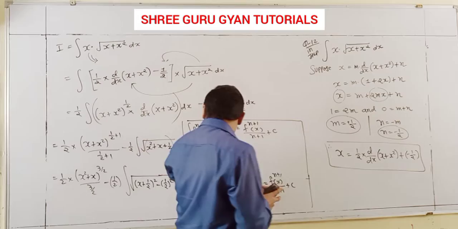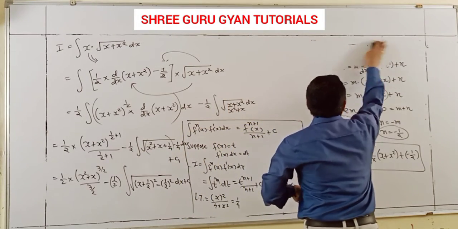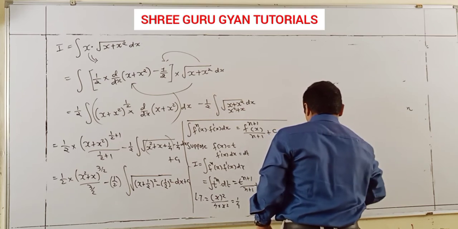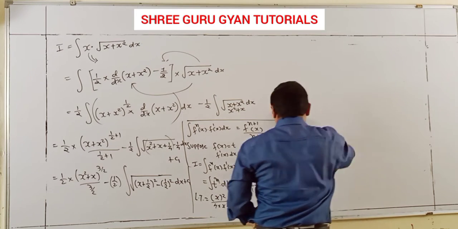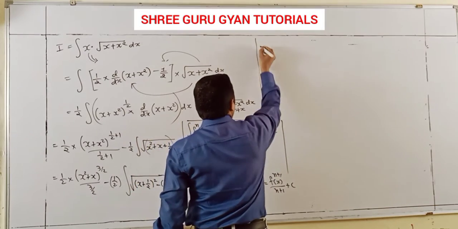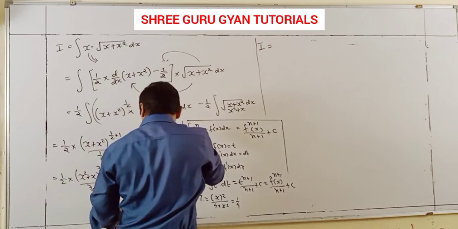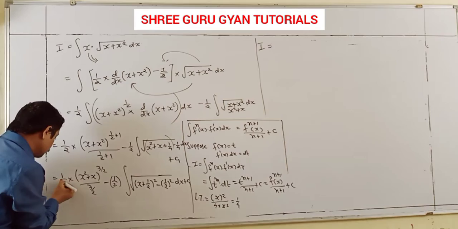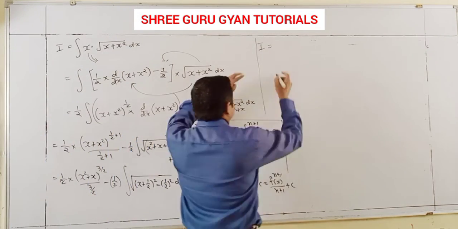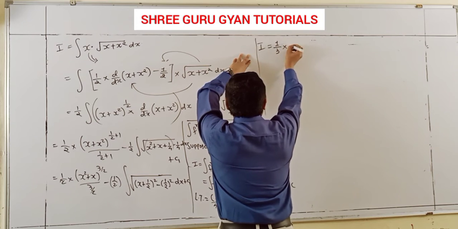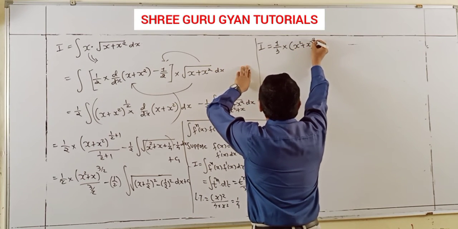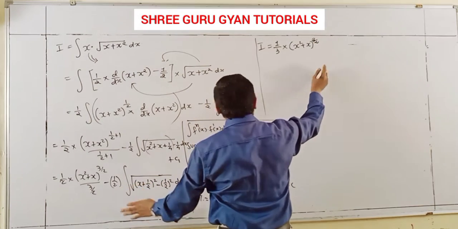I show my last answer now here. So final answer integration I, this I follow. Students, here 2 cancel, only I get here value 1/3. There is x square plus x raised to 3 by 2 and minus half.